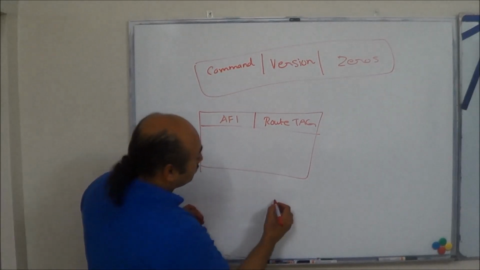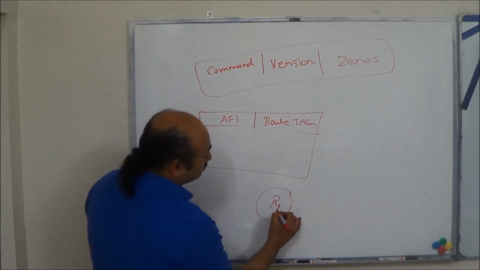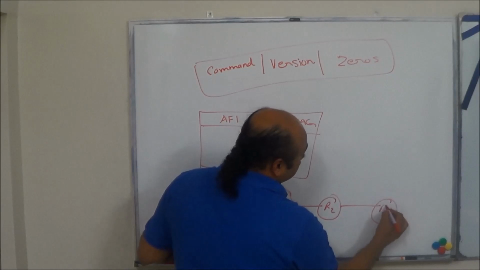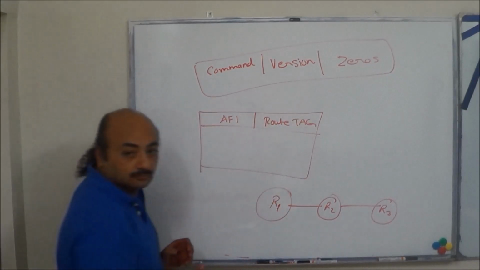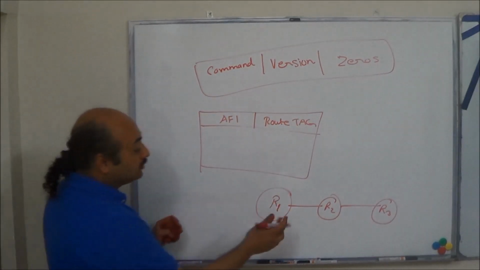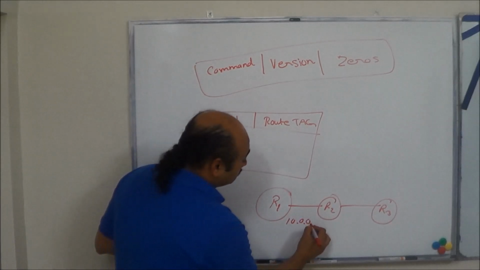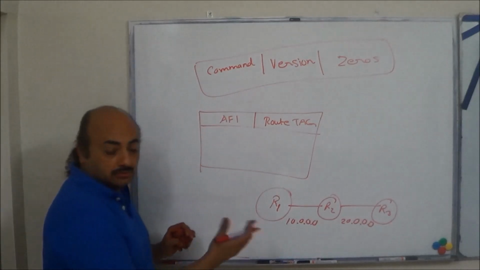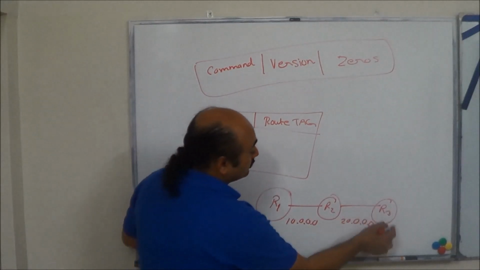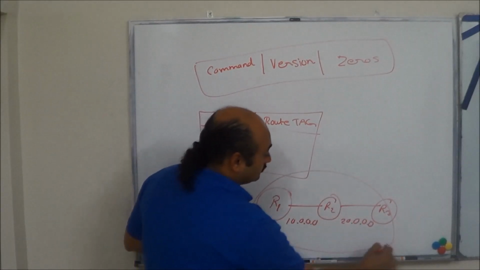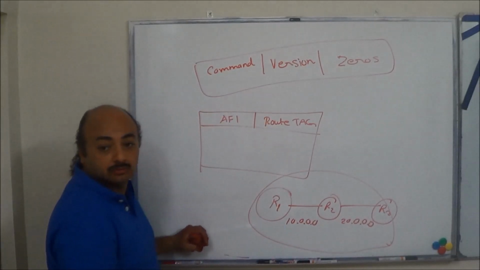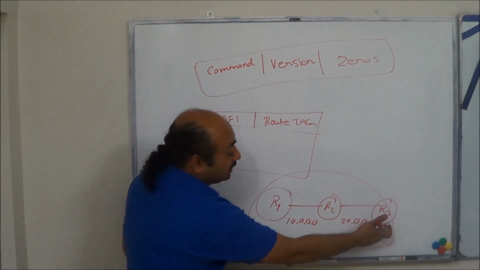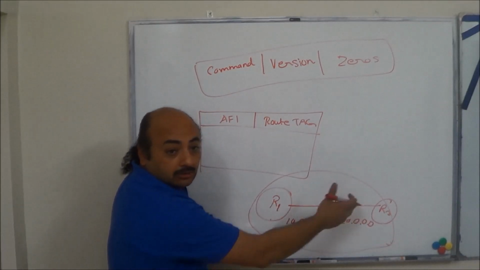So this is R1, right? This is R2, this is R3. Fine. Now R1, R2, R3 is having network 1. This is a RIP domain. RIP is running here. Right. Network 10 and 20. They are communicating RIP.